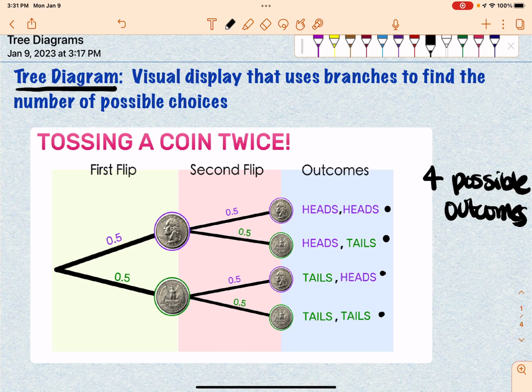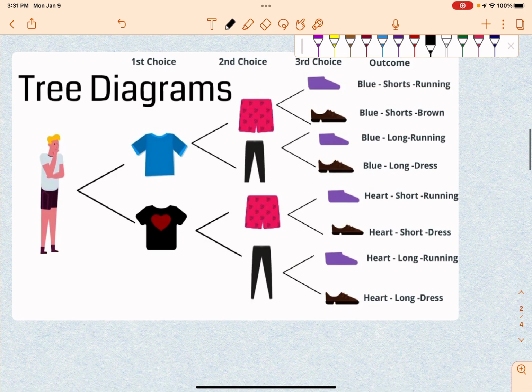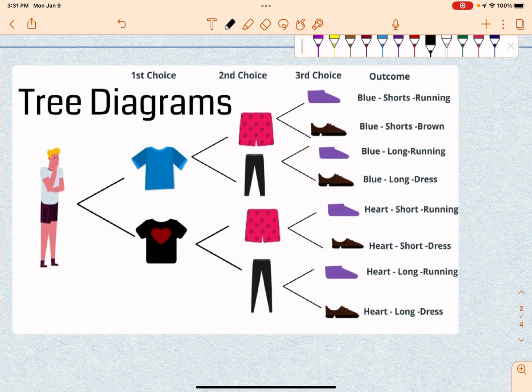So let me give you another example so you can see how this works. Let's say I've got to get dressed to go to school. There's a possibility that this student has 2 different shirts that they can put on. And they have a possibility of having shorts or pants, and a blue running shoe or a brown dress shoe.